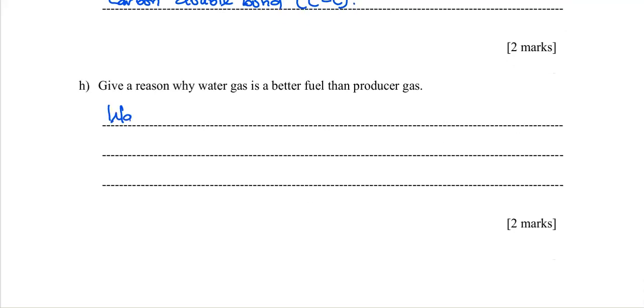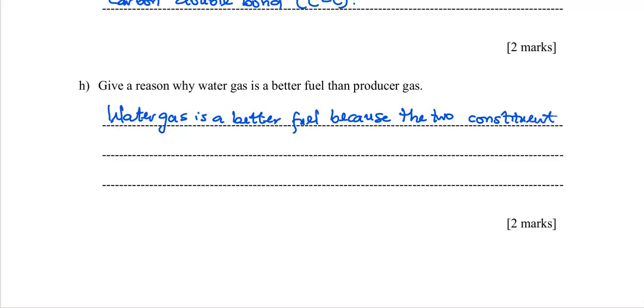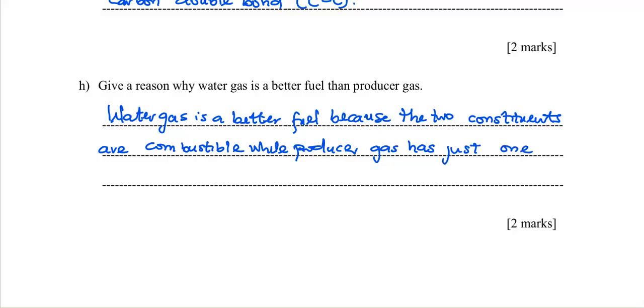Water gas is a better fuel because the two constituents are combustible, while producer gas has just one constituent to be combustible.